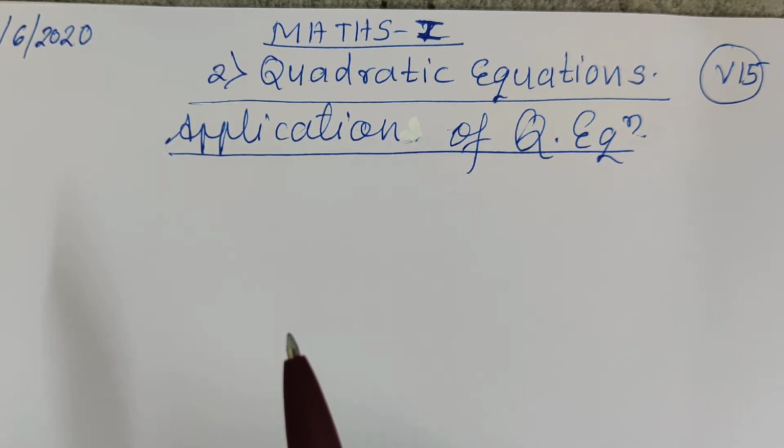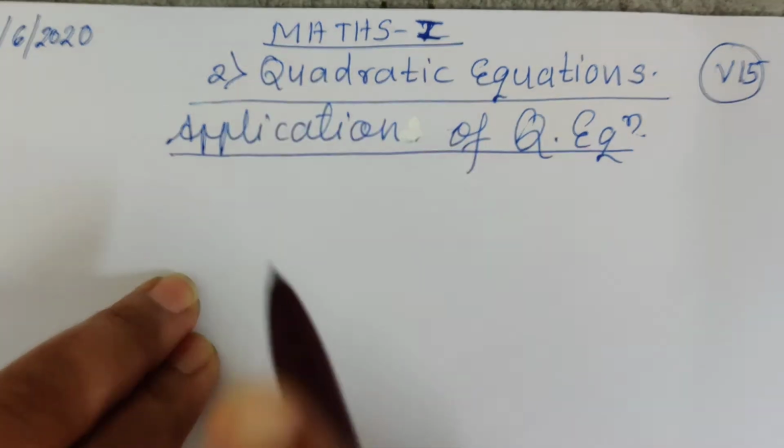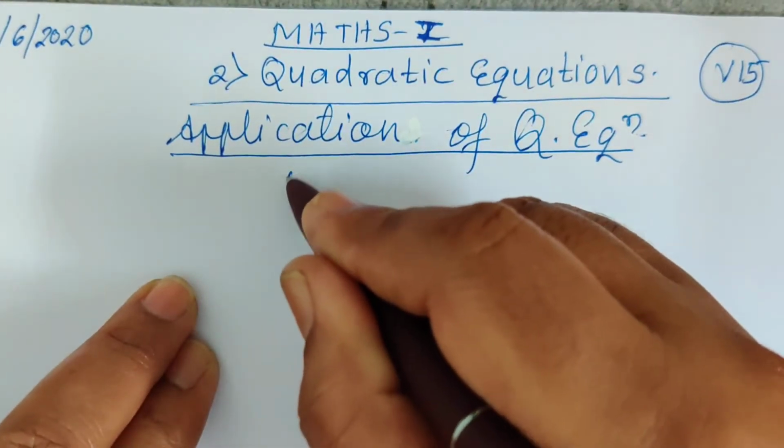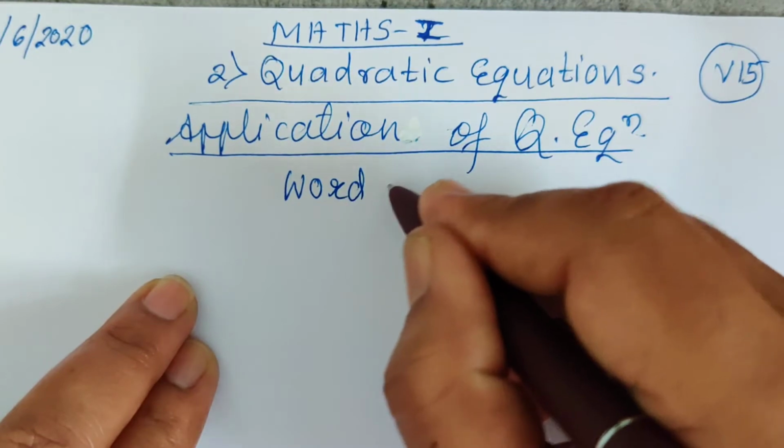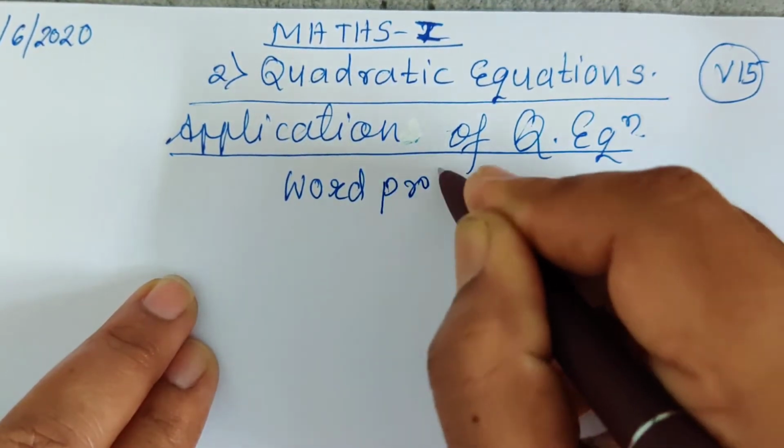Then the things which are given in the problem will become clear to you slowly. Not at once, but when you read it at least 3 to 4 times, then everything will be clear to you and you will get a clear idea to solve the example. So the first important step of solving the word problem is to read the example carefully at least 3 to 4 times.